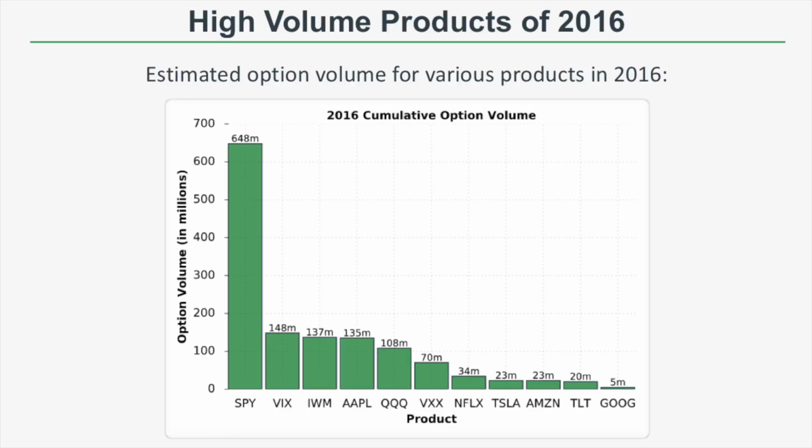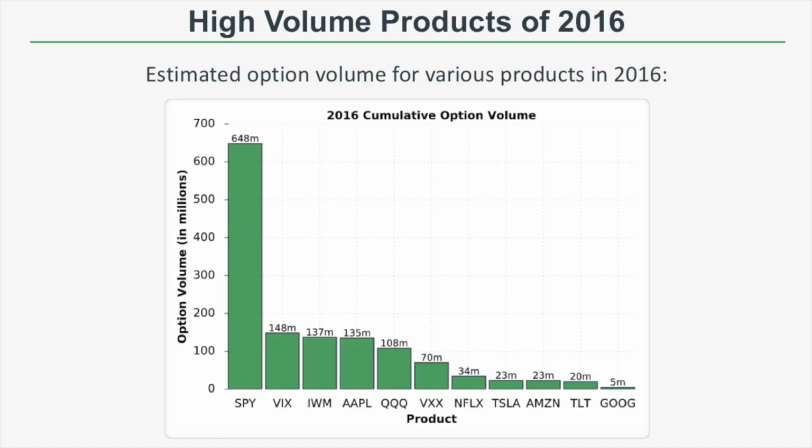So in this chart, we're just looking at some of the most actively traded products of 2016 and looking at their estimated option volume throughout the year just to show you how active some of these products are. So the benchmark of liquidity and trading activity for options is SPY, which is the S&P 500 ETF. And as we can see here, it had by far the most volume out of any of the products in this chart at 650 million contracts in 2016.